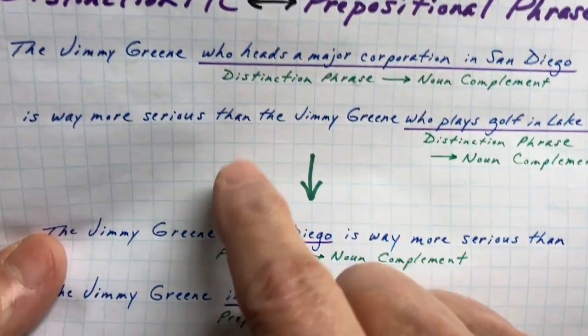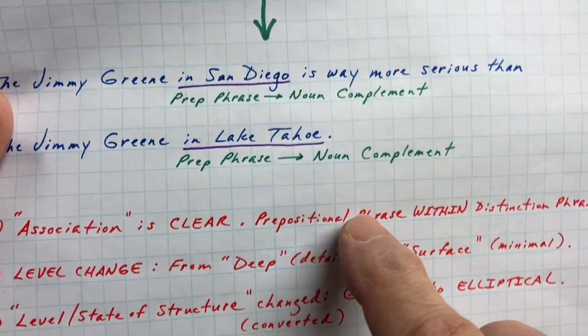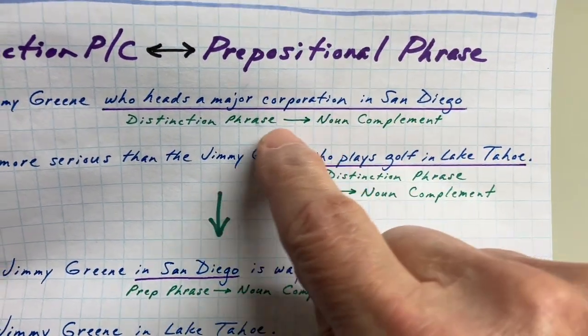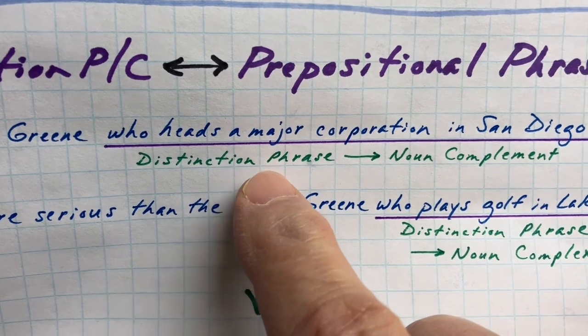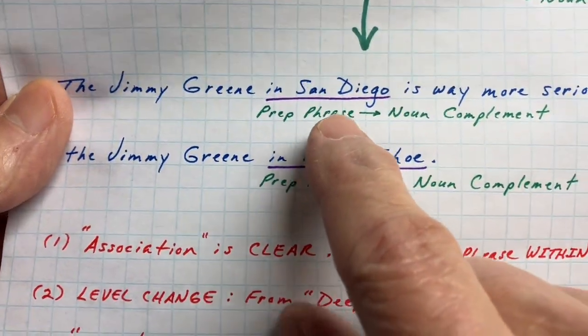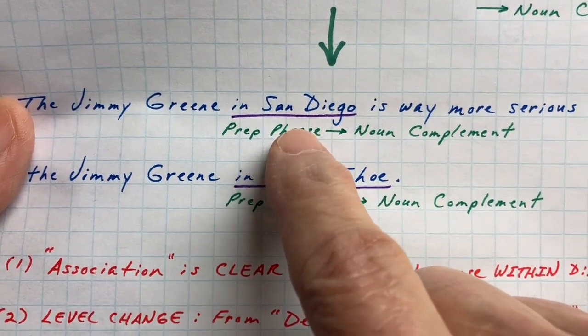There's clearly a connection here. We just saw it. In fact, the prepositional phrase is embedded within the distinction phrase. All we did was pull it out and put it in this new revised sentence, this simplified, more concise sentence.